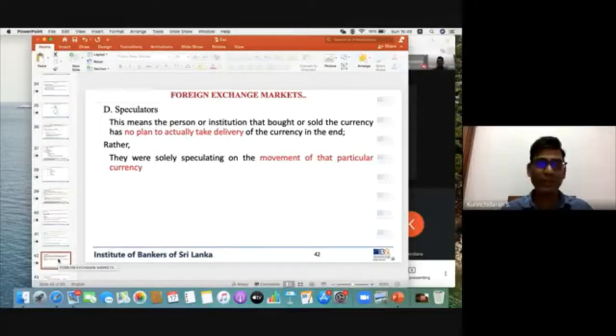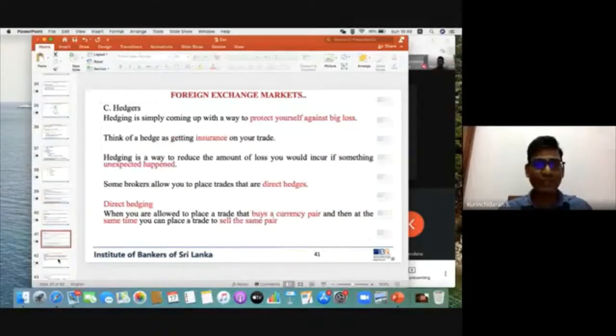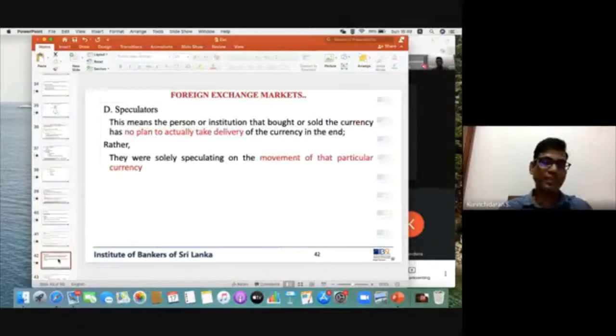They don't do actual delivery. Clear? So now we have seen four sets of people: arbitrageurs, traders, hedgers, and speculators. These people are key agents in the foreign exchange market, trying to do the deals and gain benefits out of it.